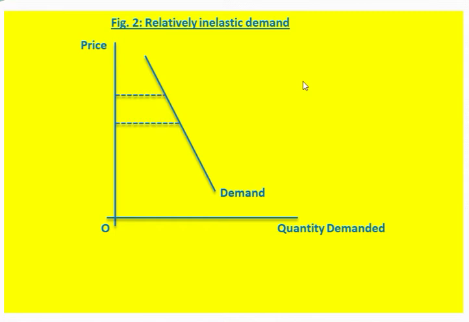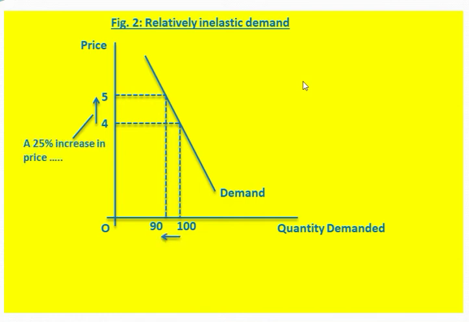When price increases from rupees 4 to rupees 5, quantity demanded decreases from 100 units to 90 units. Here, a 25% increase in price, what happened? It leads to a 10% decrease in quantity demanded. Here a large change in price results in a small change in quantity demanded.